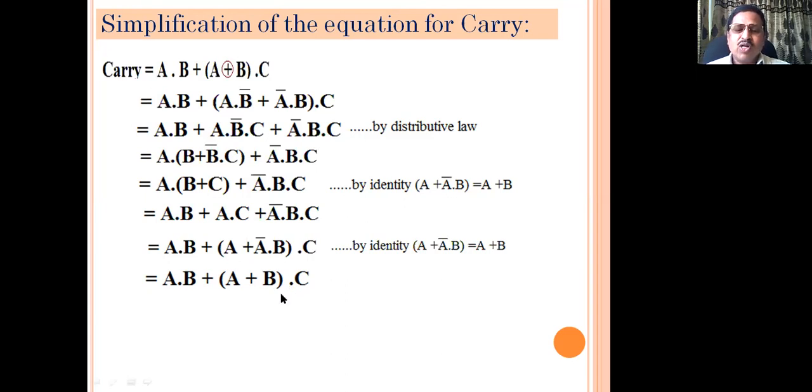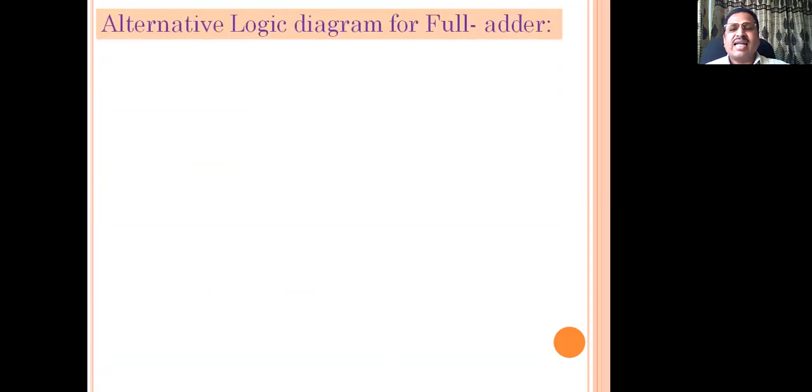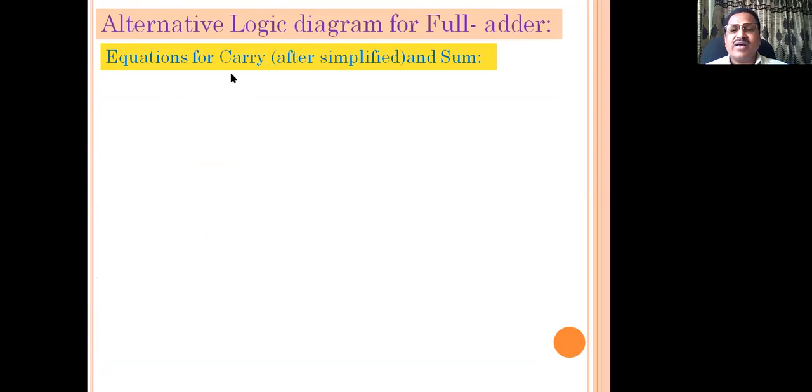Again by the distributive law, you can get A or A and B, the first term as it is, or A and C, or B and C. This one is the resultant simplified equation for the carry of the full adder obtained by using two half adders. Now here we can draw the alternative logic diagram for the full adder by using the simplified equation of carry.